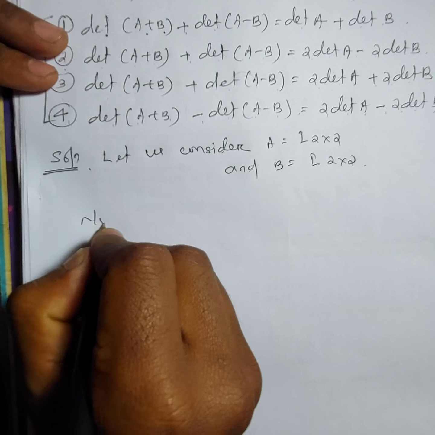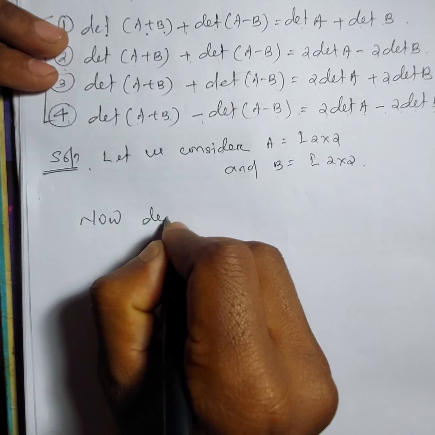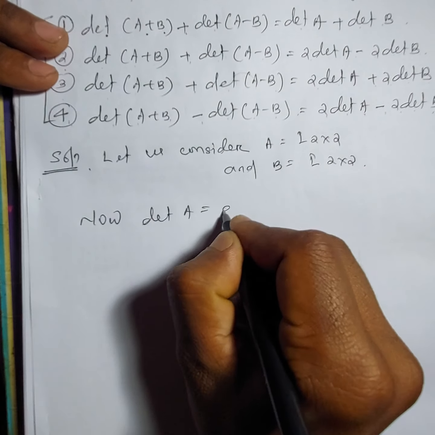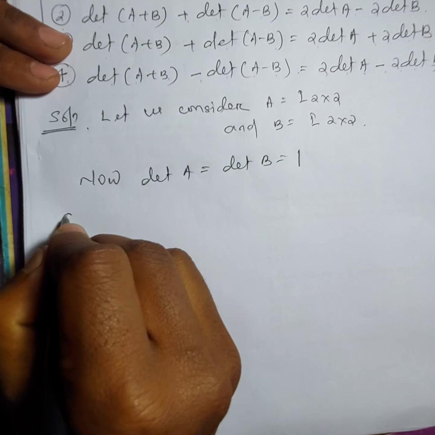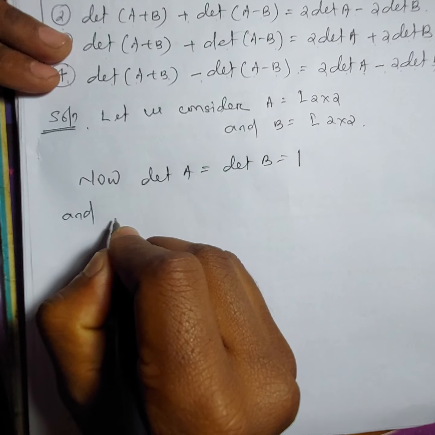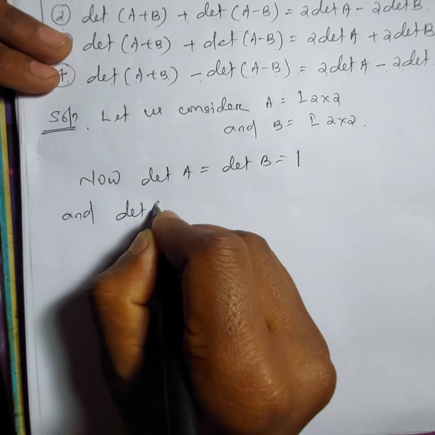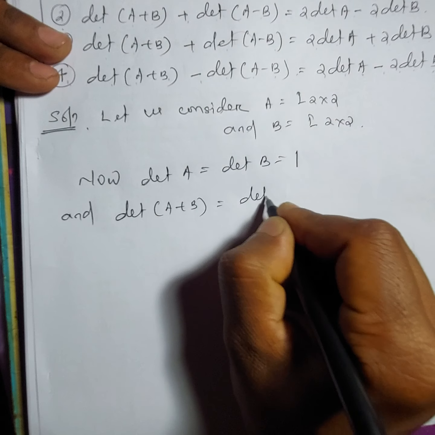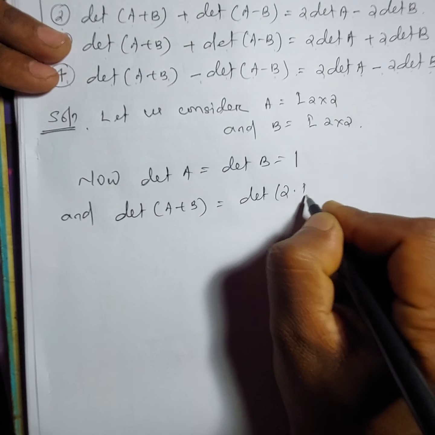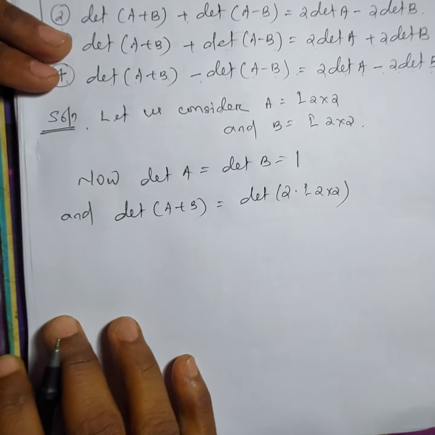Now determinant of A equal to determinant of B equal to 1, and determinant of A plus B is equal to determinant of 2 into identity matrix.